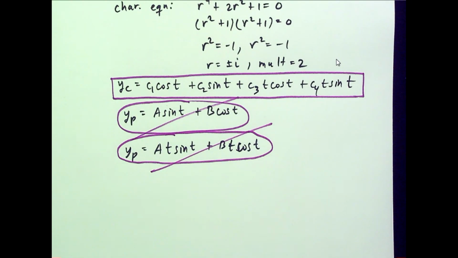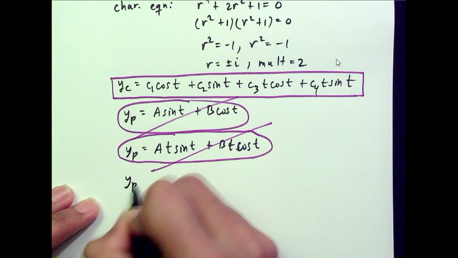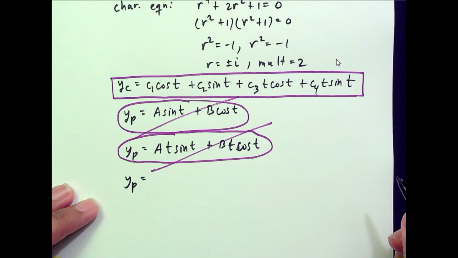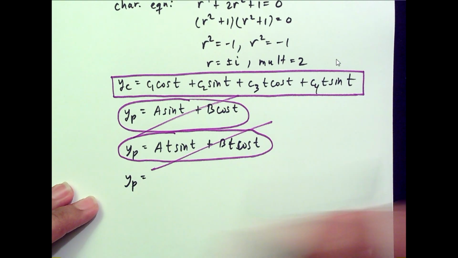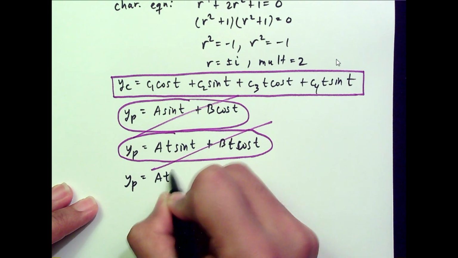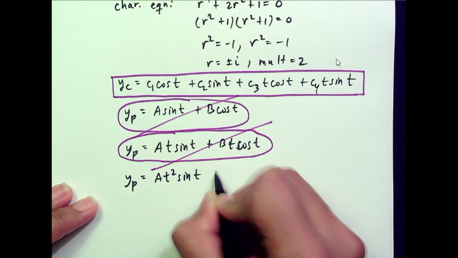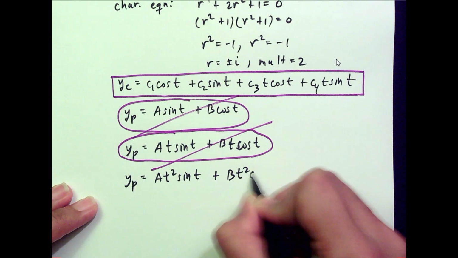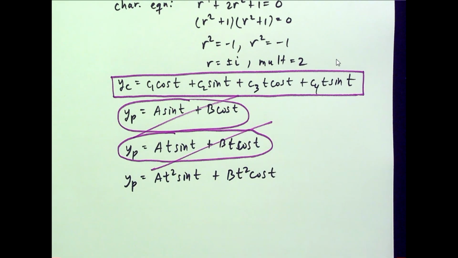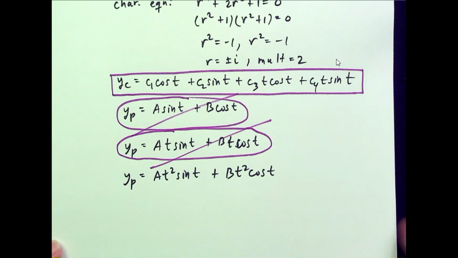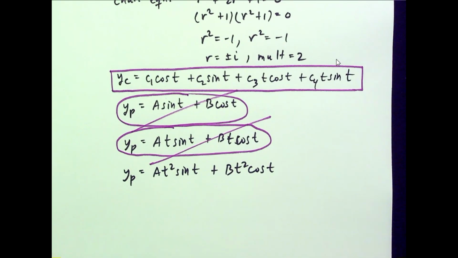So that means we attempt this one more time, multiply by t throughout. So it's going to be a t squared sine of t plus b t squared cosine of t. Now that one is an appropriate form for the guess for the particular solution.